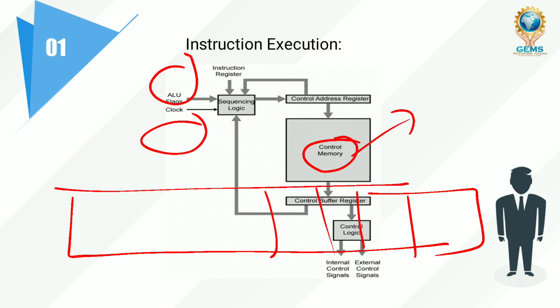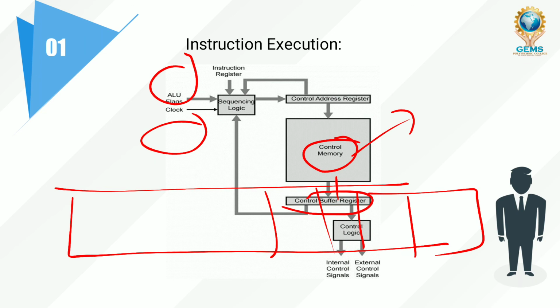Then data will flow, control buffer, and control logic will perform logical operations, internal and external. So internal data and external data, some operations will be performed while executing micro instructions. So this is a block diagram of instruction execution.